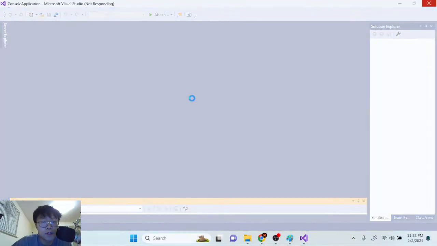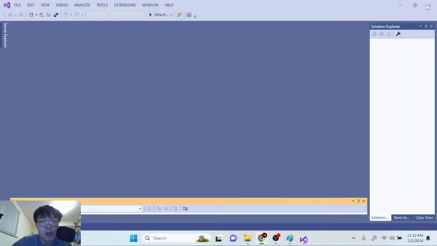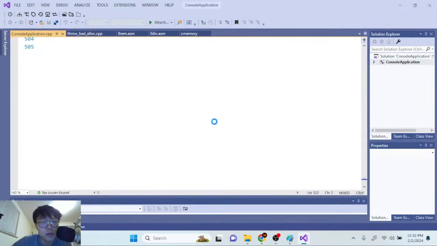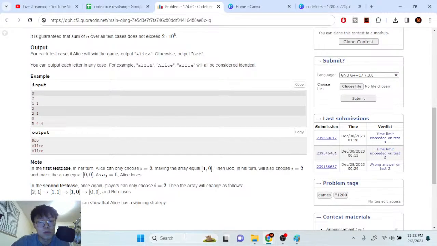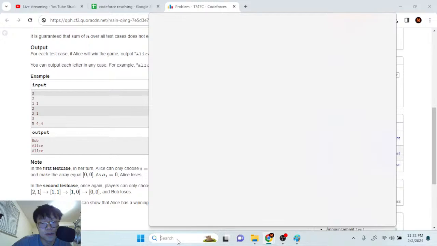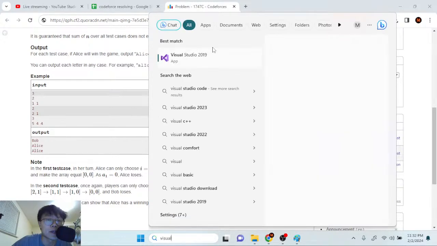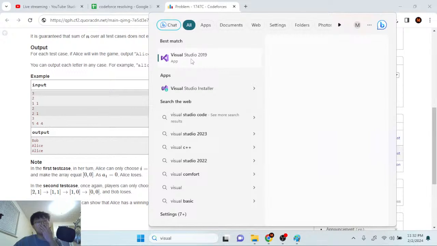Then figure this out. Why are you just not responding? This is so annoying. Okay, maybe it's just the amount of processing power that my computer is dealing with. Another thing, I could just code on an online compiler if Visual Studio keeps not loading. It was working earlier today.